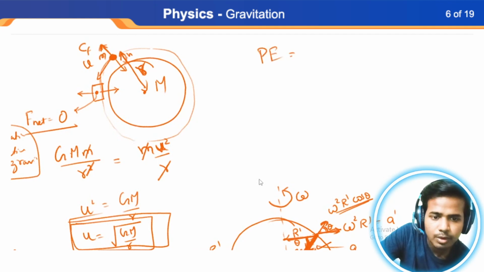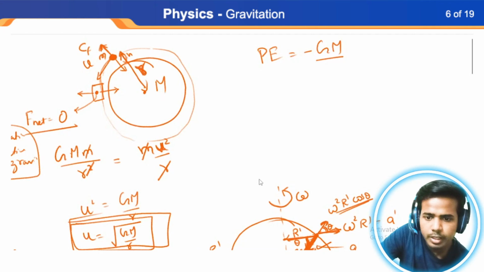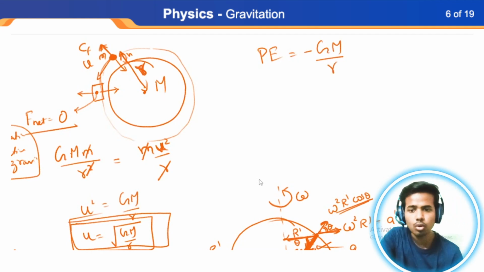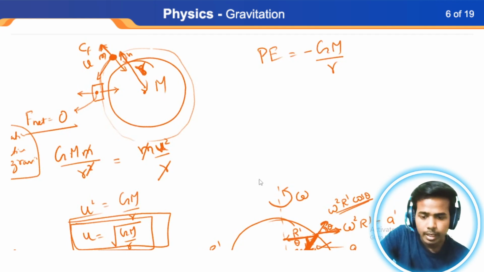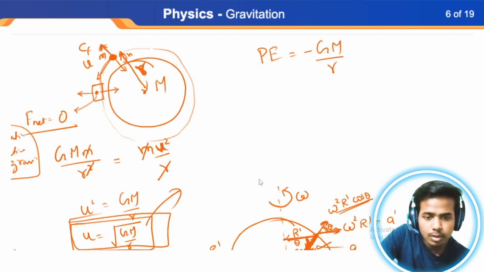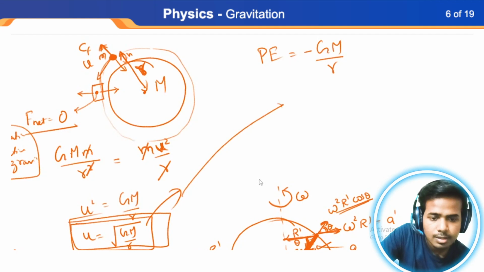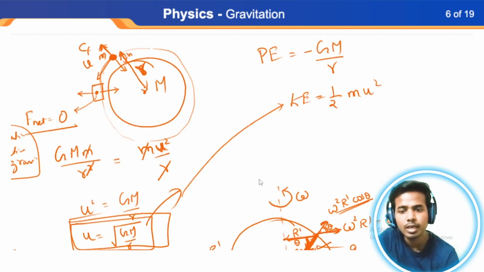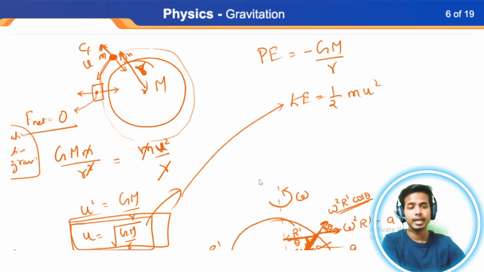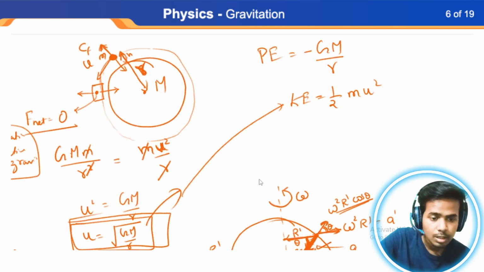Potential energy will be equal to minus G capital M small m divided by the radius r, the whole radius, or the distance between the satellite and the center of the earth. And this v will give me the kinetic energy also, which is in the form of half m v square. We are only talking about the satellite now. What's the potential energy of the satellite and what's the kinetic energy of the satellite?